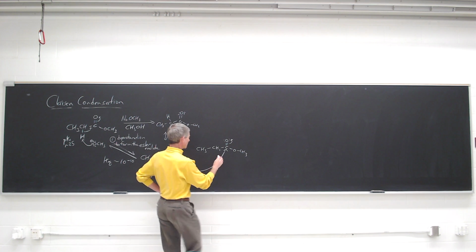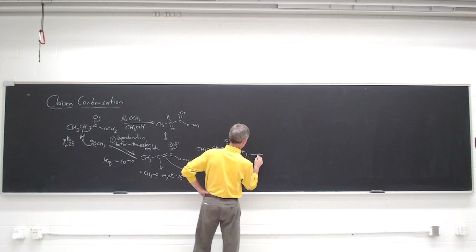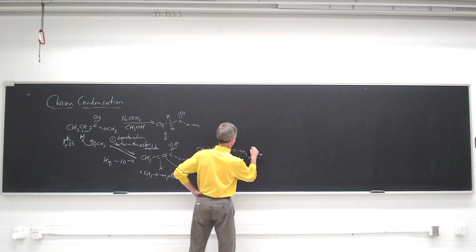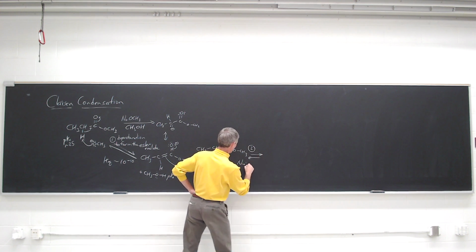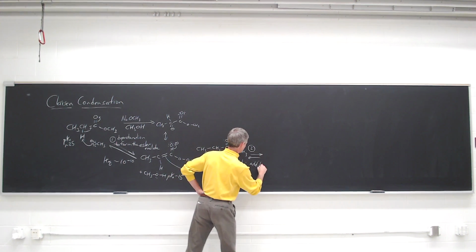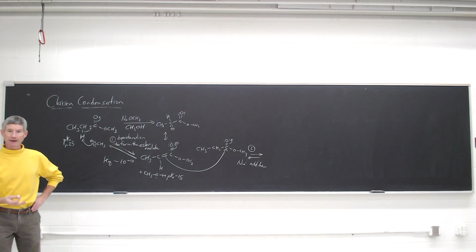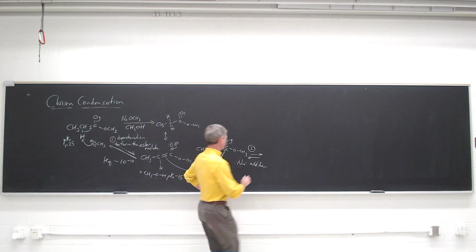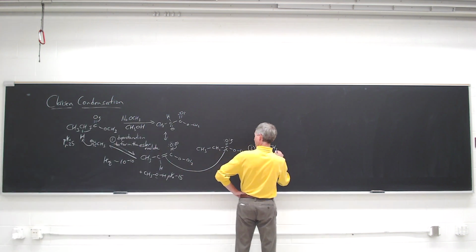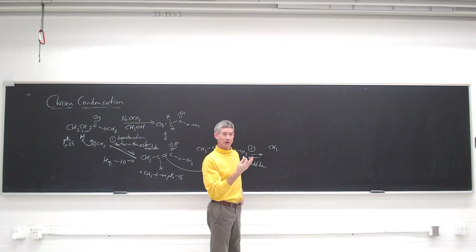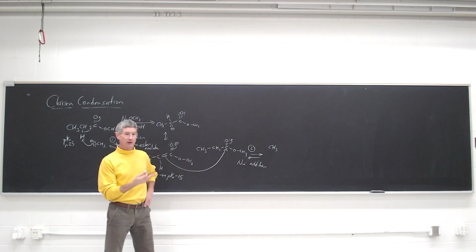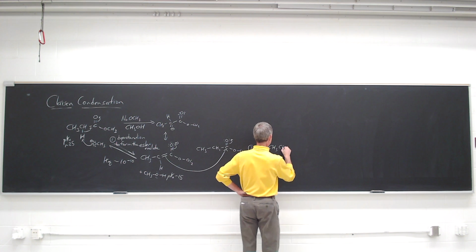And step two is the nucleophilic addition, which is exactly what we would have expected if that was a ketone or aldehyde carbonyl. The first two steps are fundamentally not different from what the first two steps would be for the aldol condensation.